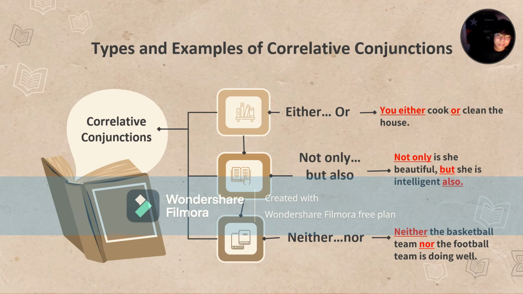And for not only/but also: not only is she beautiful, but she is intelligent also. Lastly, we can see on this slide: neither the basketball team nor the football team is doing well. So notice that the underlined words in the sentences mentioned are the correlative conjunctions.